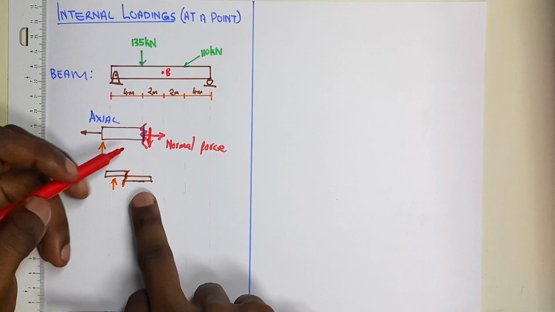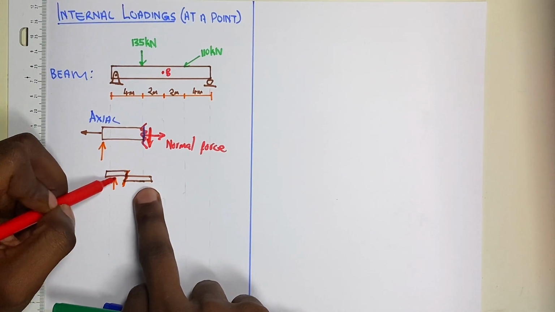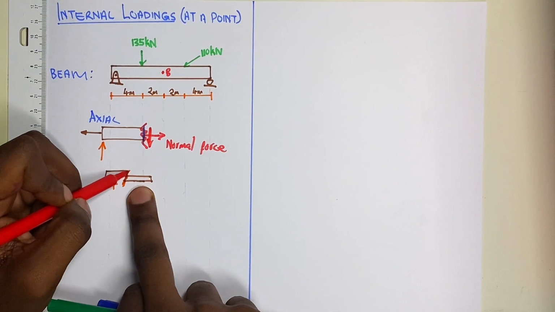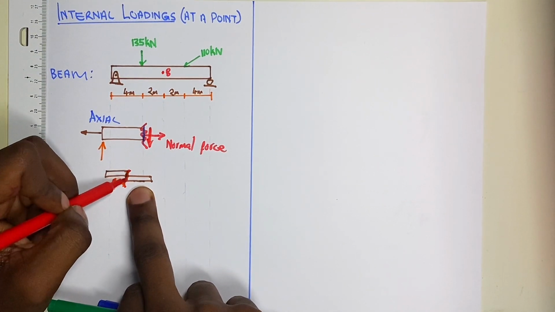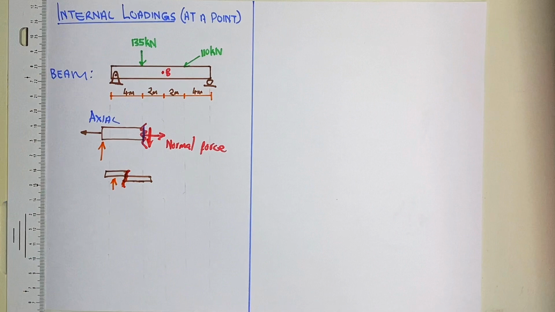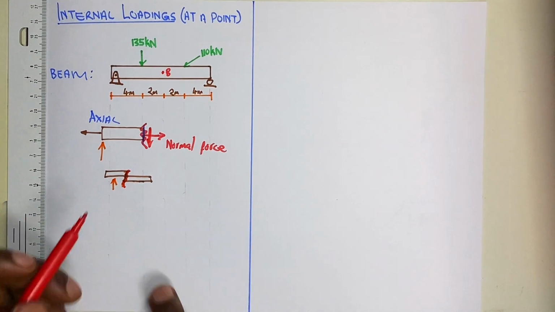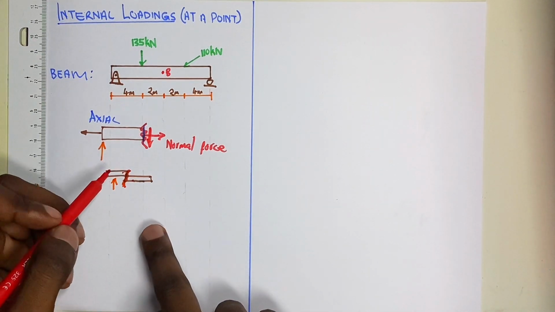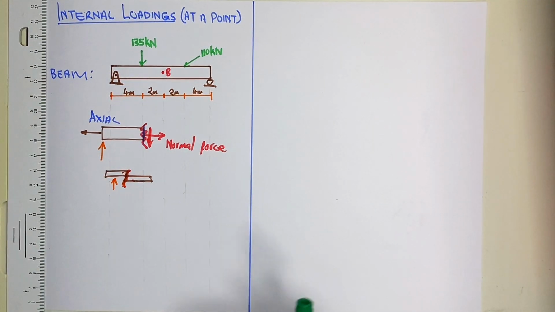Because it is trying to cause movement horizontally, the resistance in here will cause a shear between this member and this member. Hence we call this force the shear force.